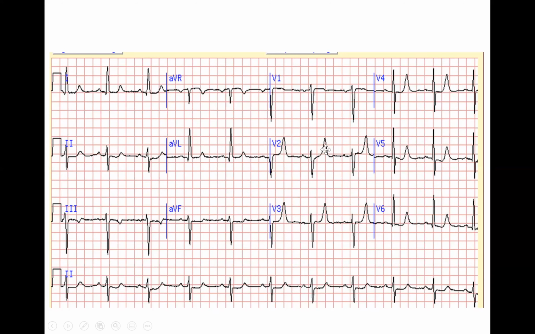This is very characteristic for hyperkalemia. It doesn't happen in any other cause on the ECG. So tall, tented T waves are almost always due to hyperkalemia. By definition, they should be 10 millimeters in the precordial leads and 6 millimeters in the limb leads. And it is not necessary to see it across all the leads, okay?